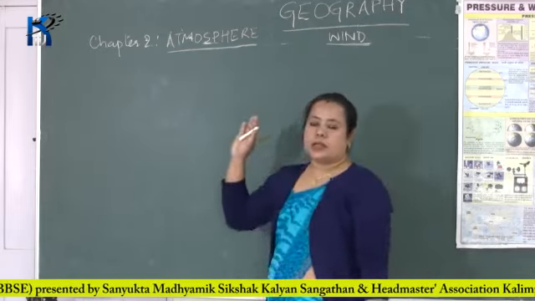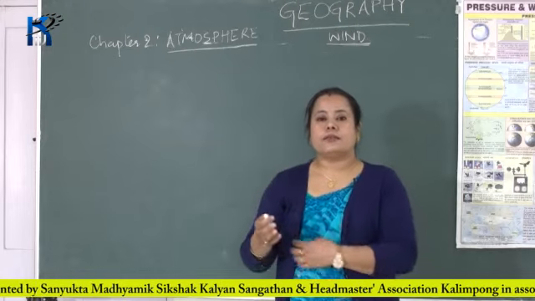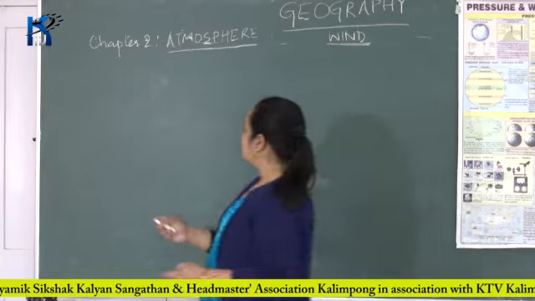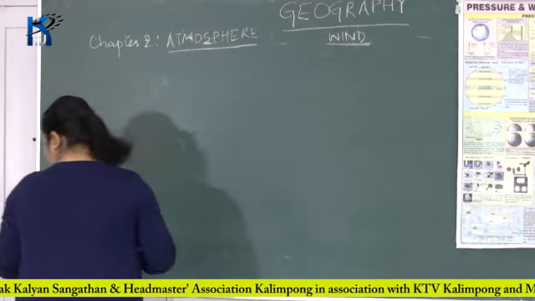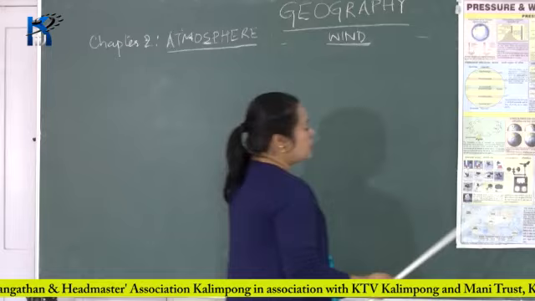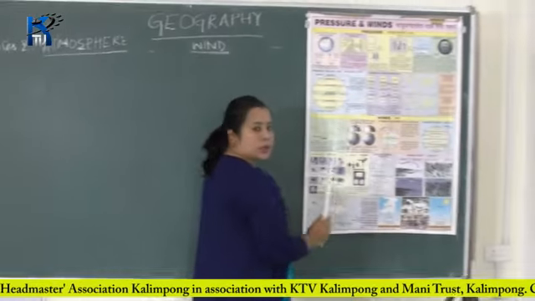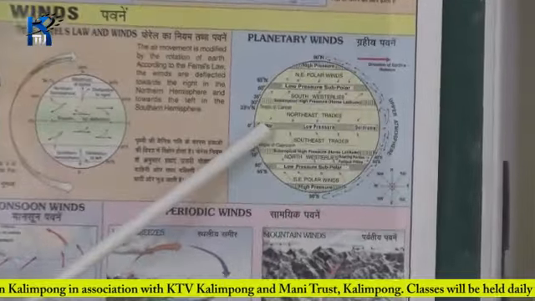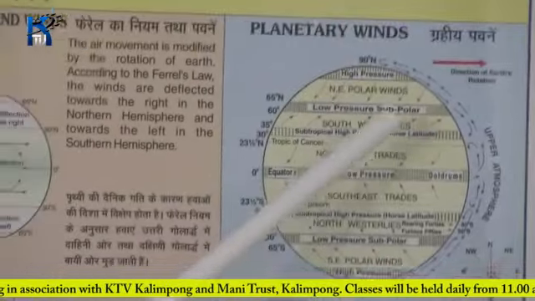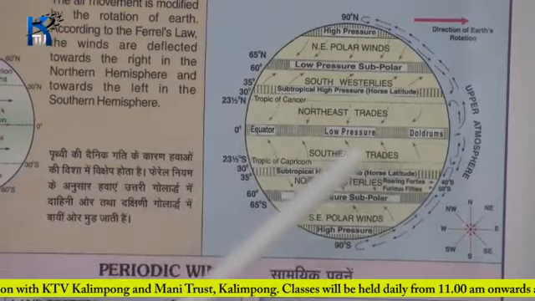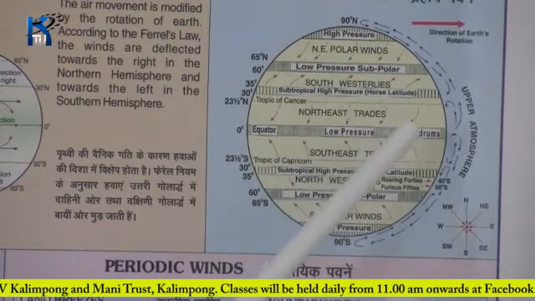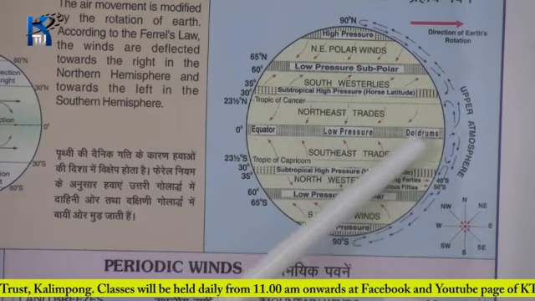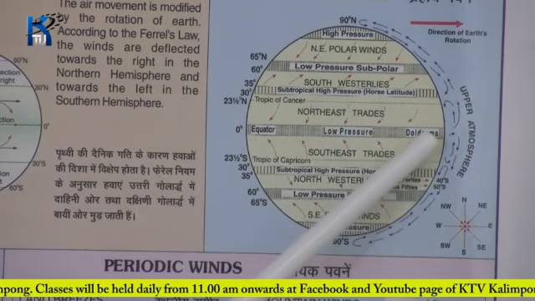In our previous class, I missed some important points. While explaining the pressure belt, there is a low pressure center at the equator, and I already explained how it is created, but I forgot to tell you an important thing, that is doldrums.